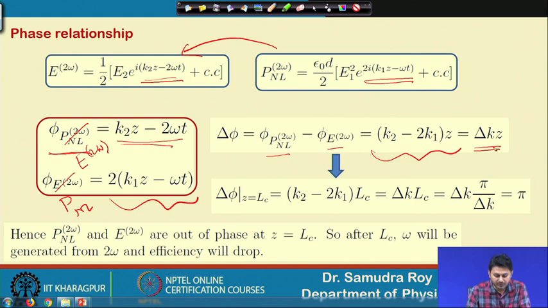Now, if we try to find out the phase difference at the coherence length, we know what the coherence length is: the length at which we have the efficiency maxima when we plot these things under the delta k not equal to 0 condition. If I put L C here in place of z, we will have delta k multiplied by L C. Now, we know from the previous lecture that L C was pi divided by delta k.